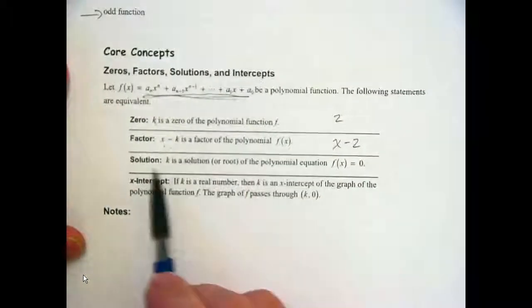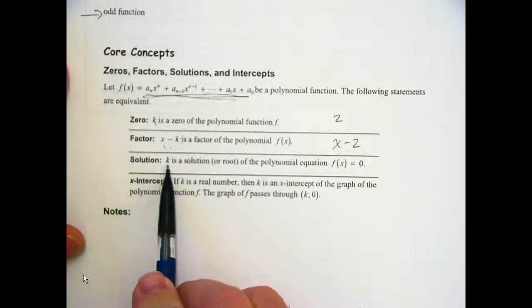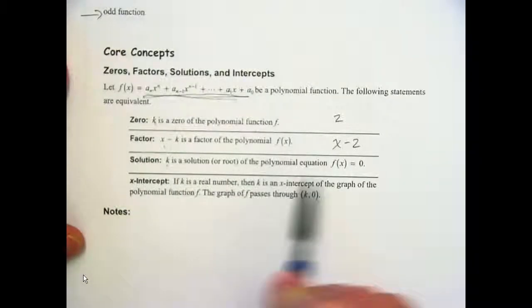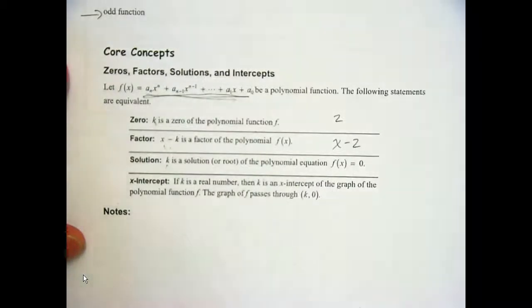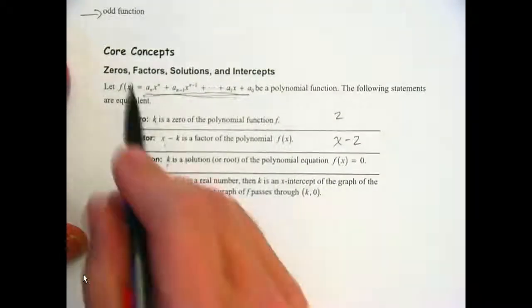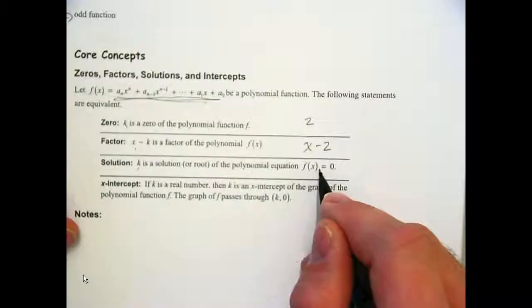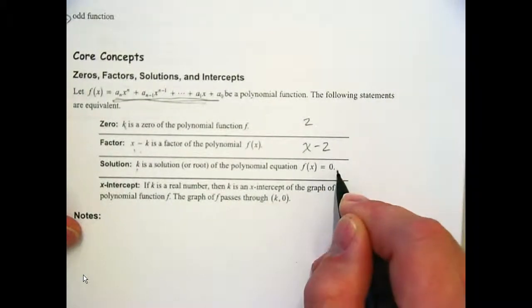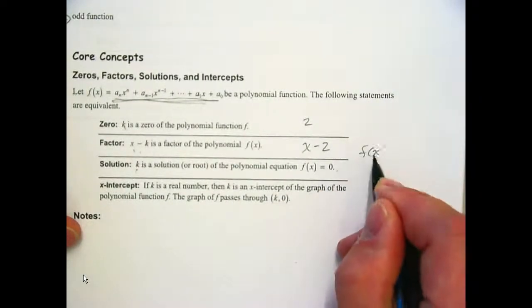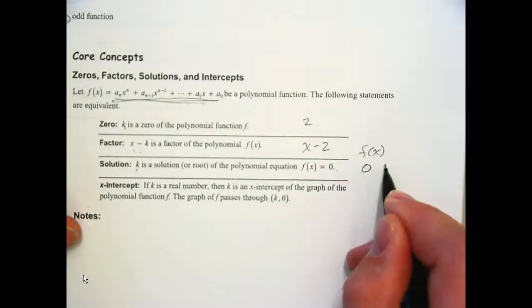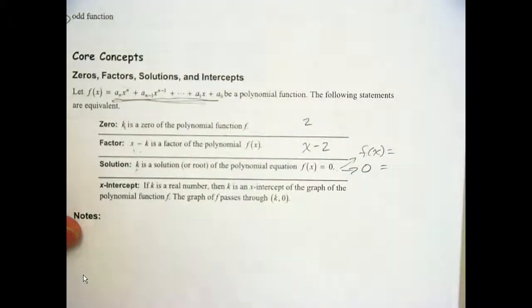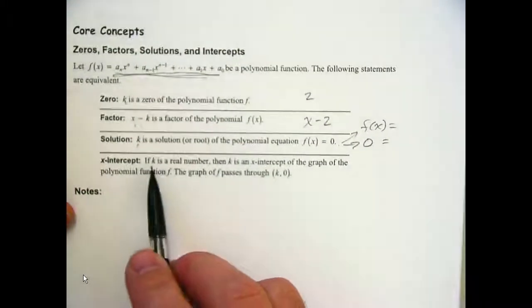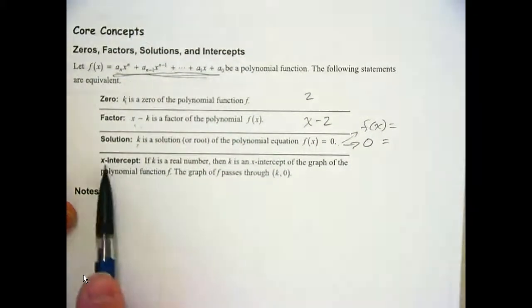Okay? And then all right, and the solution k is a solution or the root of the polynomial if f of x equals 0. So in other words, it's a solution or root as long as we've set our polynomial function to 0. So rather than saying f of x equals, we now say 0 equals. That's all you're doing with that. The x-intercept, this is what we referenced the other day.